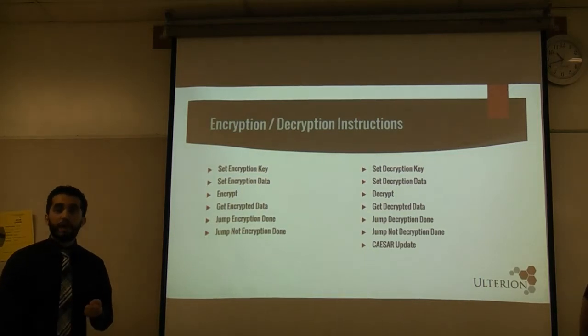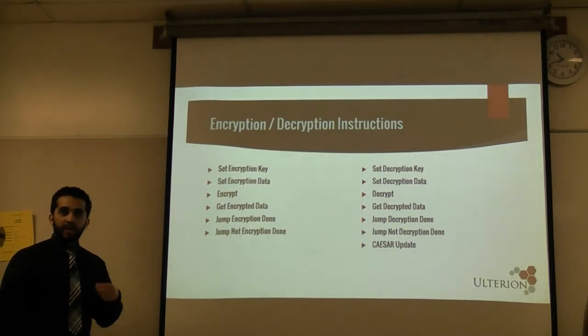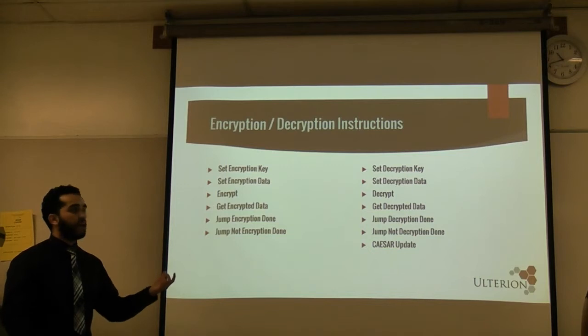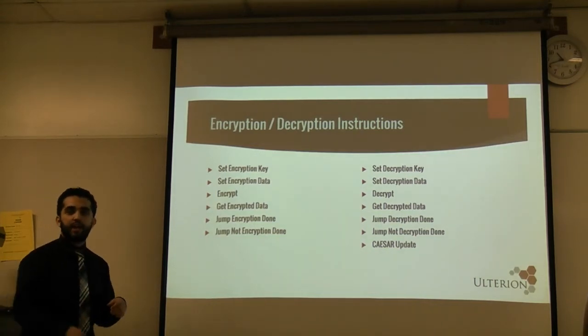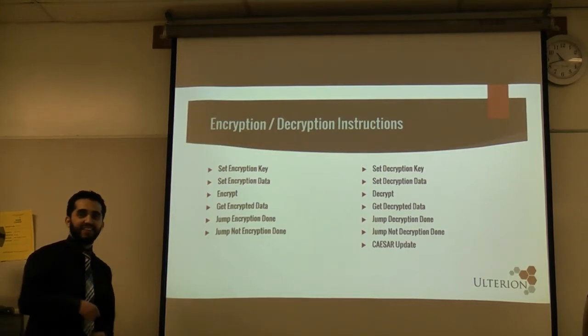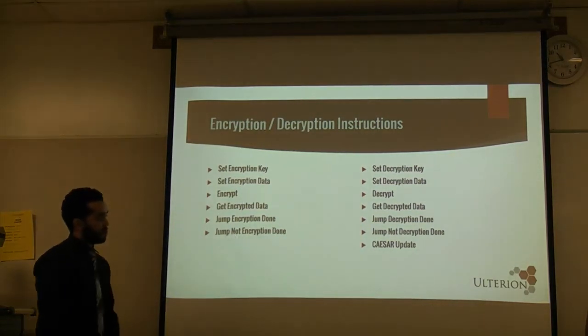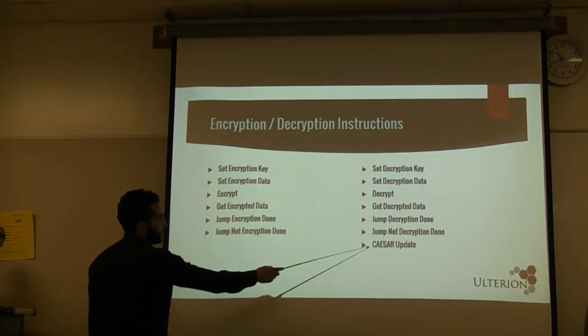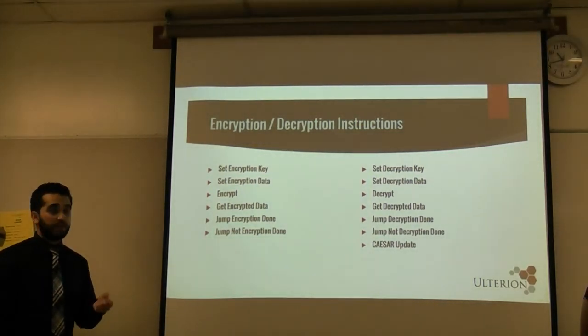The way it works, you can be waiting, just looping, or you can go out and do your other work and later check if they're done. So the machine keeps going. It's not in a halt location. You didn't generate an interrupt; that would be an enhancement. Same thing for decryption: we have the same type of instructions. And here is the Caesar update, which goes and checks those flags: done decryption and done encryption.